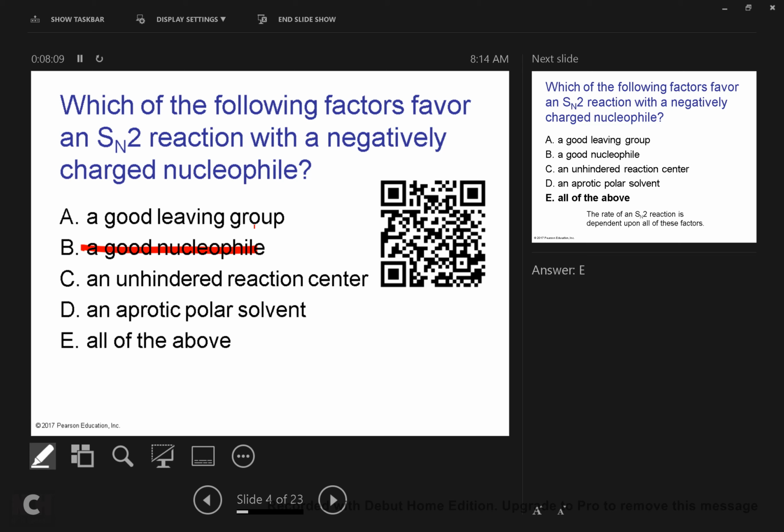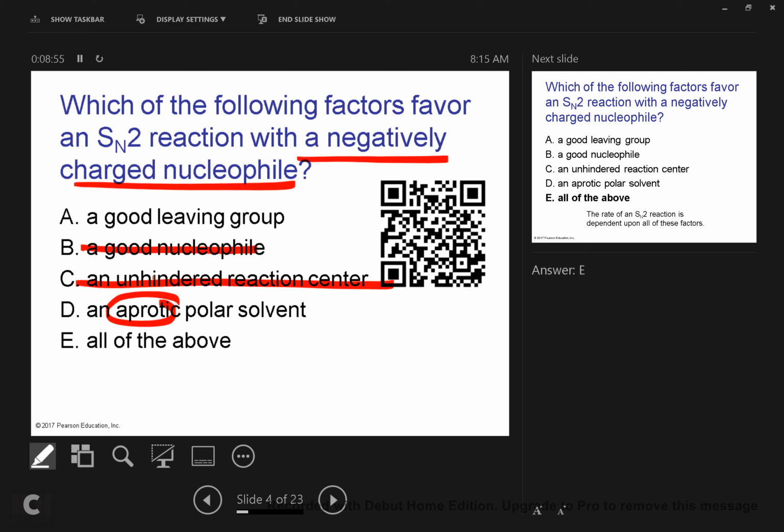Now, for an SN2 reaction, because it's a backside attack, it will prefer molecules that are not sterically hindered. If the molecule is sterically hindered, it will not be able to approach from the back. So an unhindered reaction center is favored with an SN2 reaction. Now, because the nucleophile is negatively charged, you want to use an aprotic solvent.